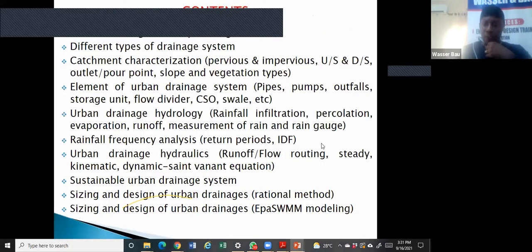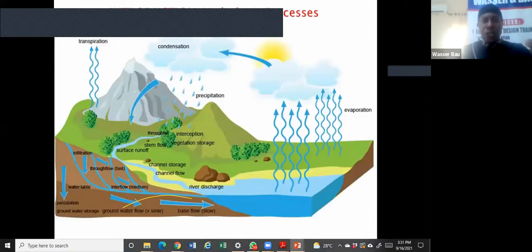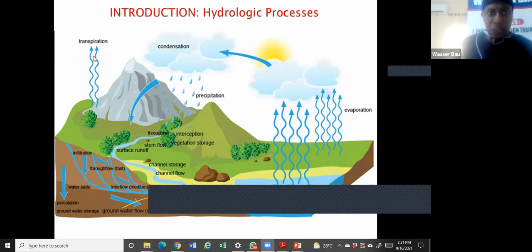So this is the general hydrologic process. The hydrologic process has to do with precipitation. Precipitation comes in, then transpiration takes some back, then some are intercepted, then some go as surface flow, others go as infiltration.